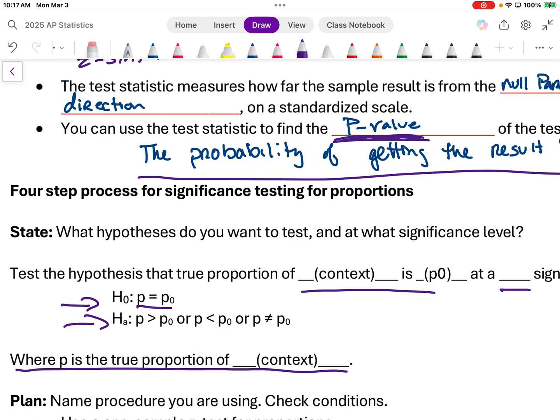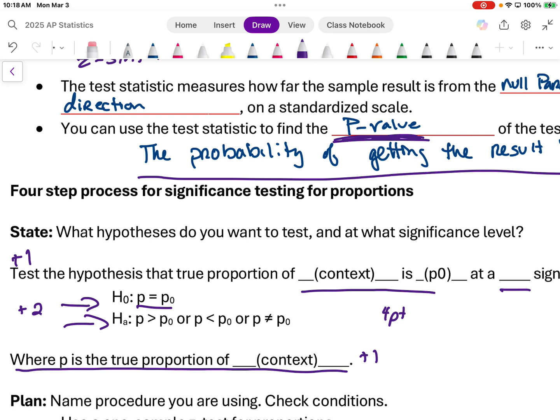So when you look at just the statement phase of a problem, in a way, this is like a 4-point part. You get 1 point for this first part. You get 2 points for getting this part set up right. And then you have to show what p is. You have to define what p is. So to get full credit for this first part, you have to hit all 4 of those things.